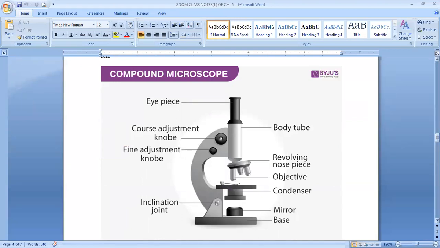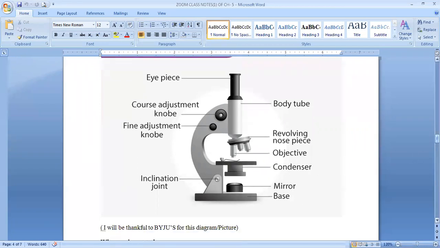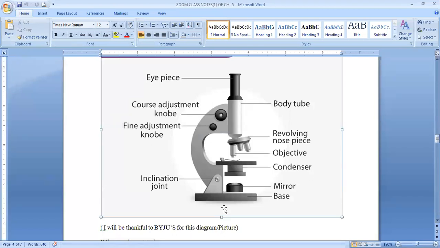But right now I only have a picture of this compound microscope for you. And for this picture, I would really like to thank Byju's because I have taken this image from there, right? Okay.